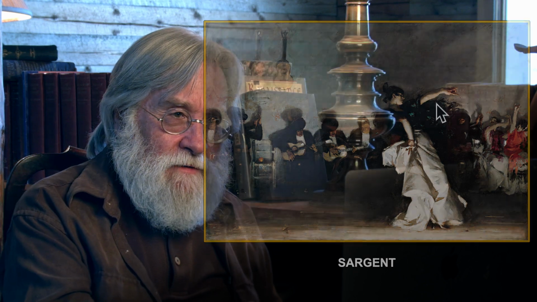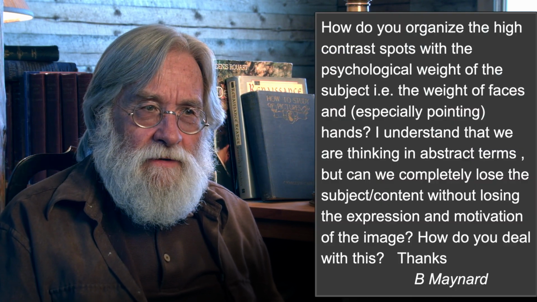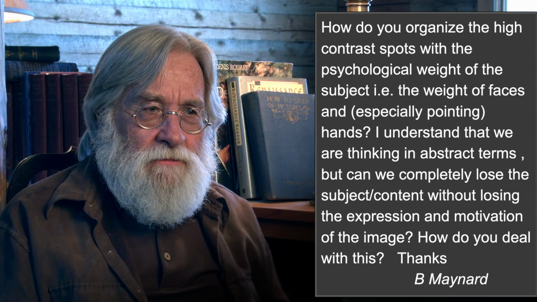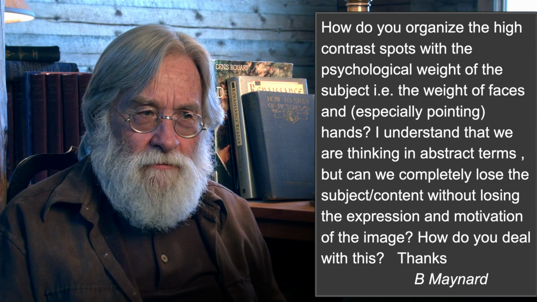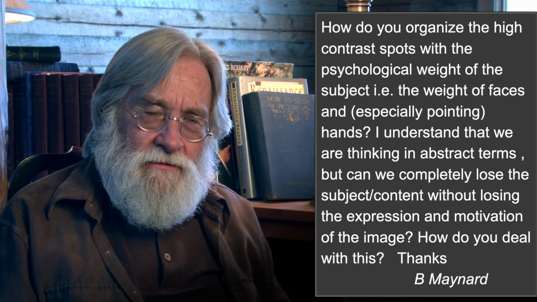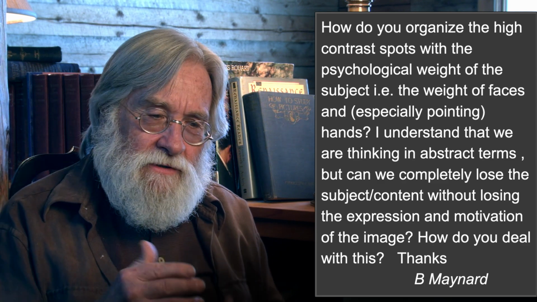Let's review your point just for a second again. How do you organize the high contrast spots with the psychological weight of the subject? So in this case, the subject is hands, the pointing hands, the gesturing hands. So that's where I can only say don't doubt the methodology of the Boston School, what it can convey. In this case, Sargent.